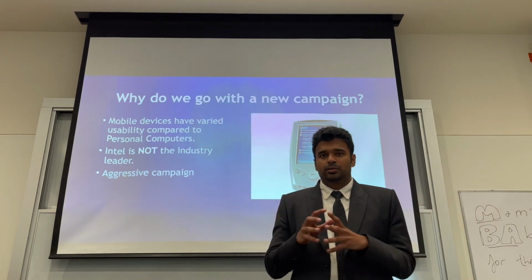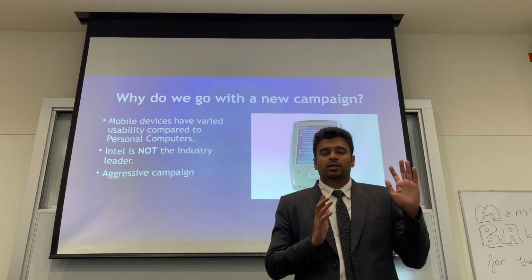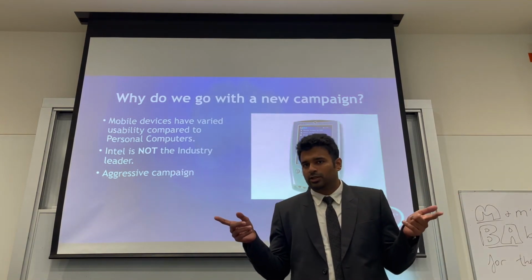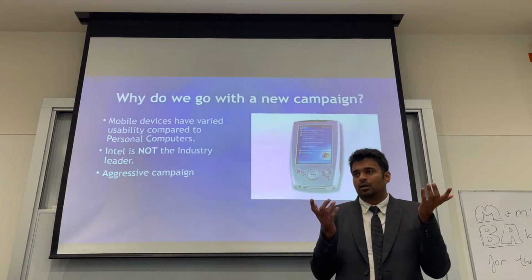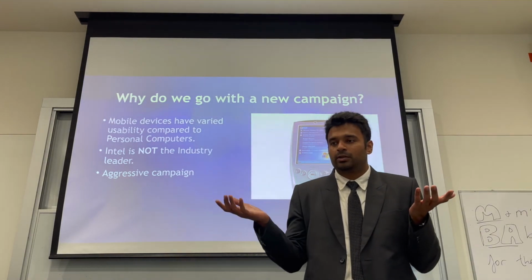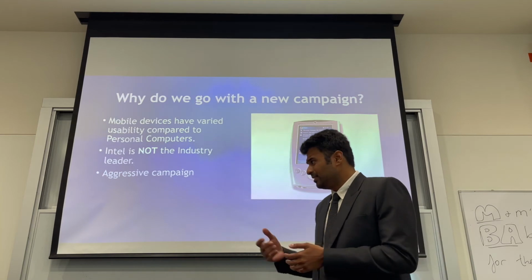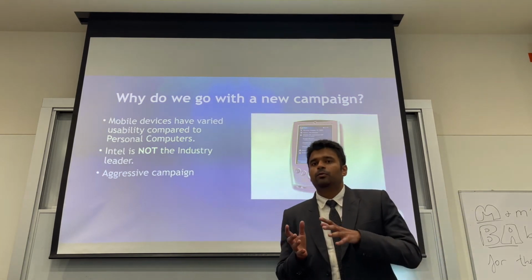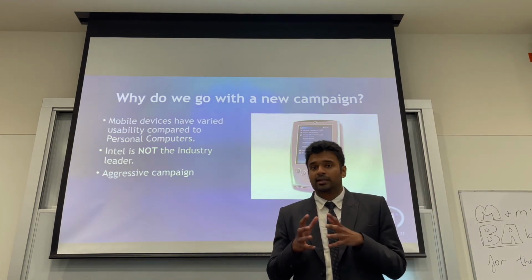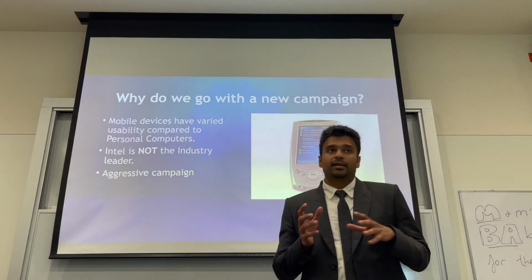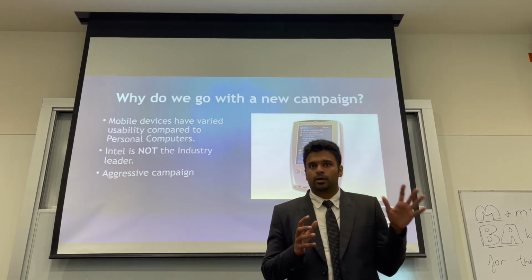If that's the case, does our marketing approach remain the same for both the segments, both the markets, or do we change our marketing campaign based on how a person uses the product that we're trying to market? Secondly, Intel was the market leader, is the market leader for the PC segment. Hence, the Intel Inside campaign clearly worked for them.